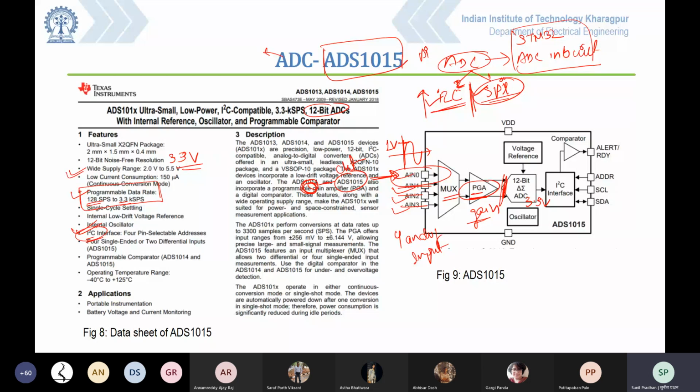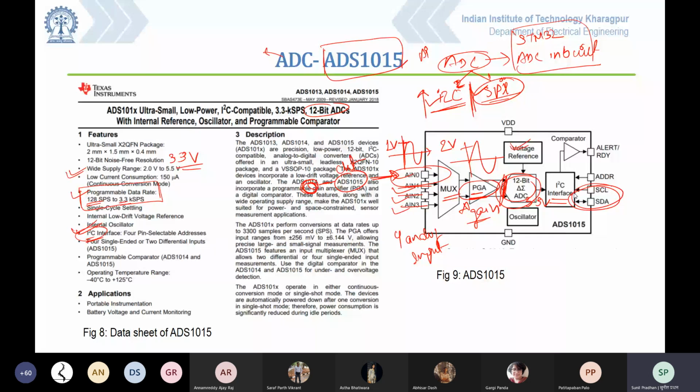So you can directly get 2 volt. This is a very good thing about this ADC. Once it comes to the ADC, this is the reference voltage, and it goes to the I2C interface, where we can connect it to the microcontroller.